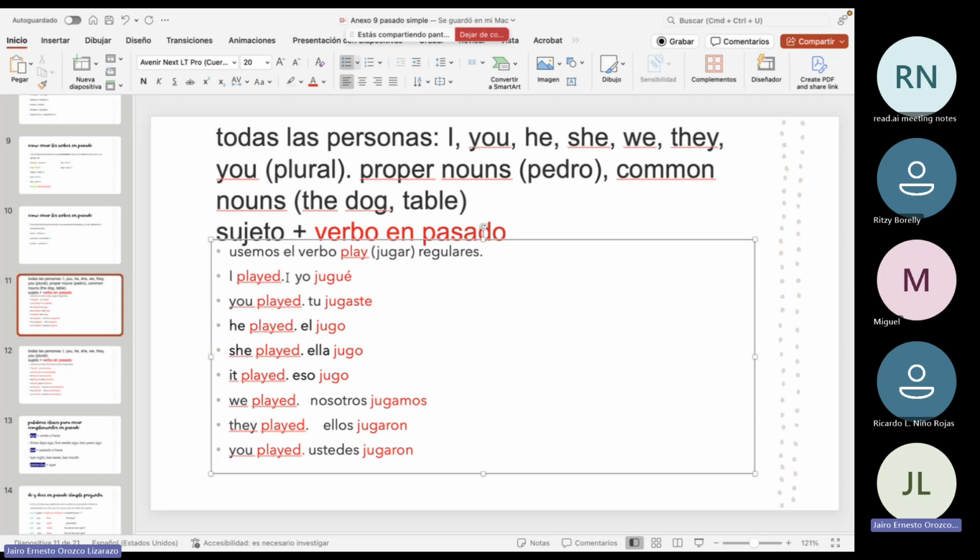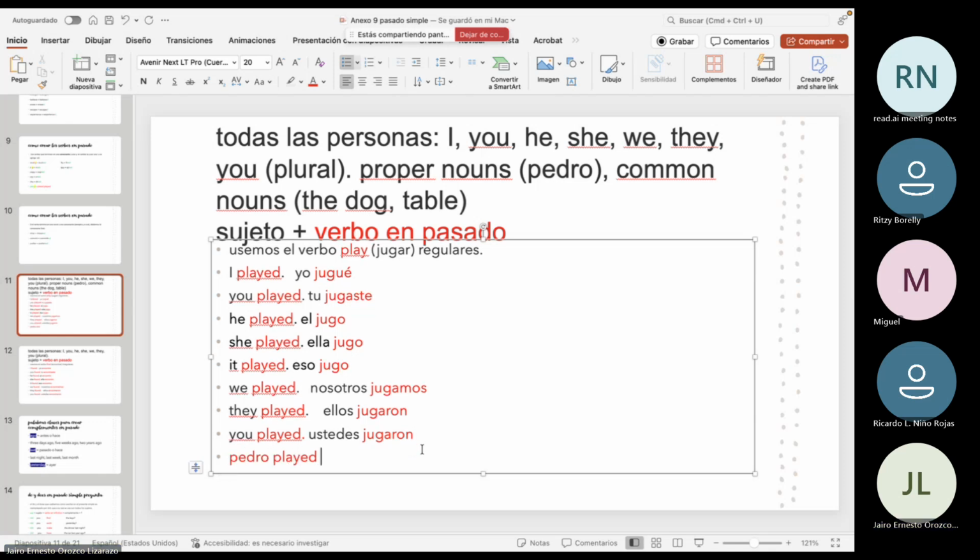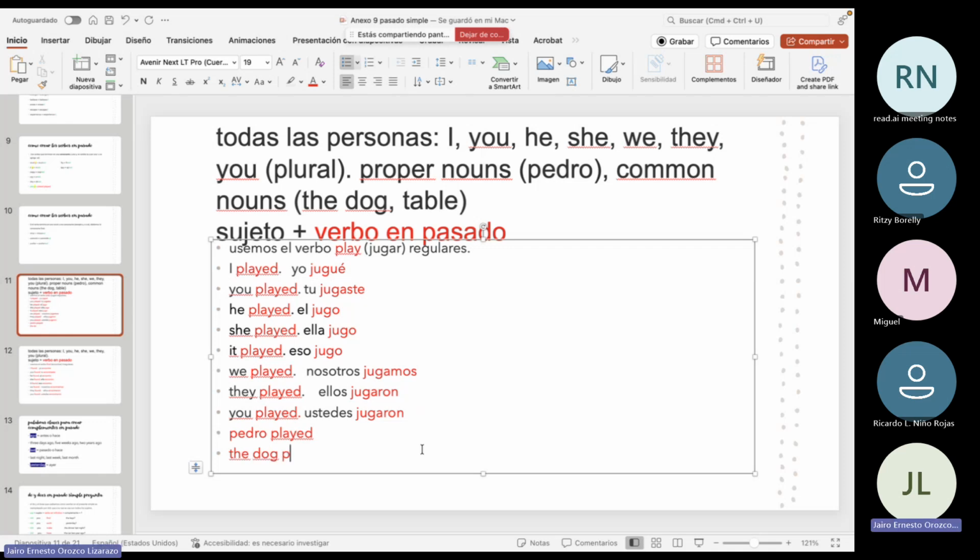Play, right? I played, you played, he played, she played, it played, we played, they played, you played, Pedro played, the dog played, right? The same verb for every single subject.